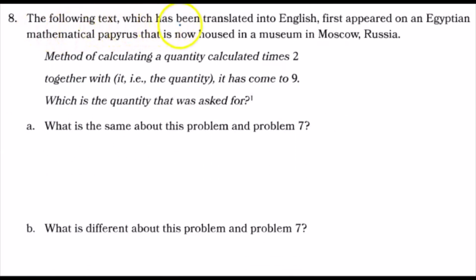The following text, which has been translated into English, first appeared on an Egyptian mathematical papyrus that is now housed in a museum in Moscow. Method of calculating a quantity calculated times 2. Together with it, that is, the quantity, has come to 9, which is the quantity that was asked for.